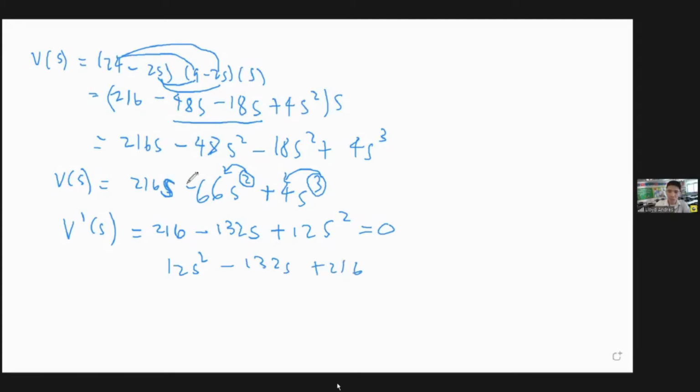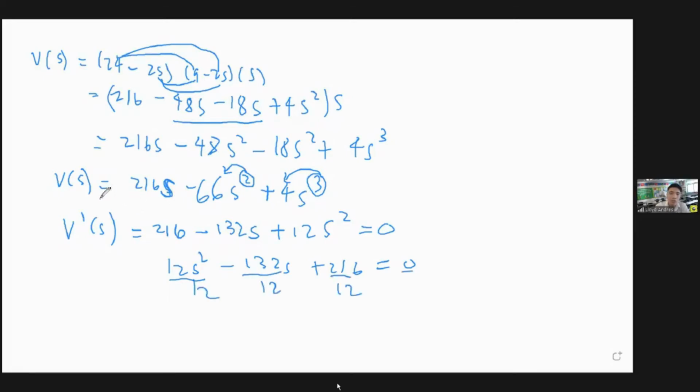Take note, it seems everything is divisible by 12. Is 132 divisible by 12? Yes. And 216 is also divisible by 12. So to simplify, since the numbers are big, we divide everything by 12.